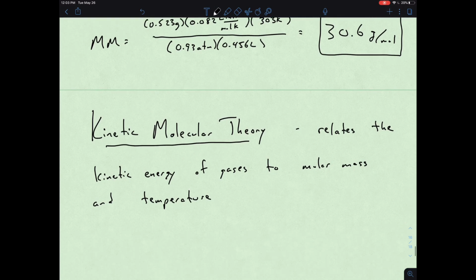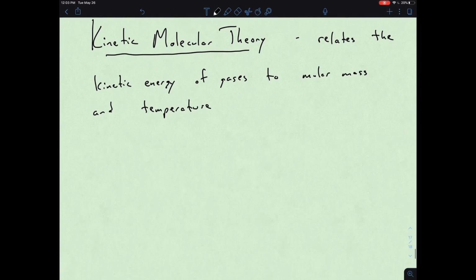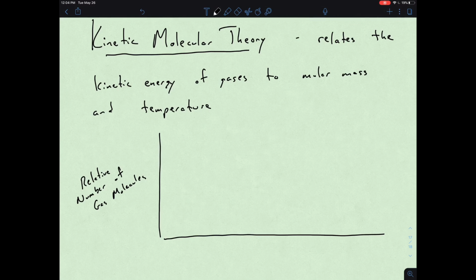And so if we look at maybe a chart here where we have on the y-axis the relative number of gas molecules, and on the x-axis we have molecular velocity.